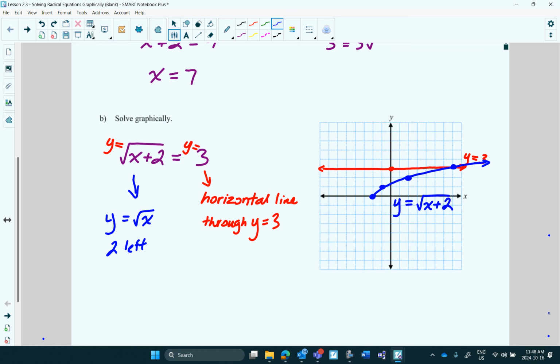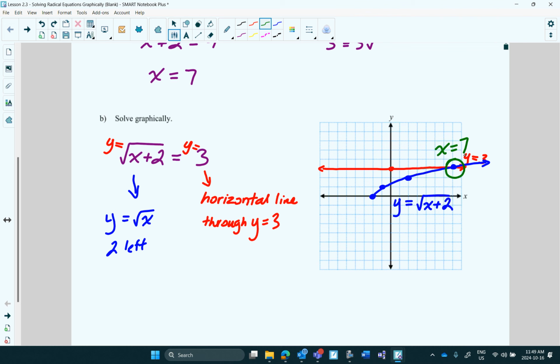Where do they cross? Where do they intersect each other? Right. Or where x is 7. What do you notice when we solved it algebraically? X equaled 7. So how do you solve graphically?